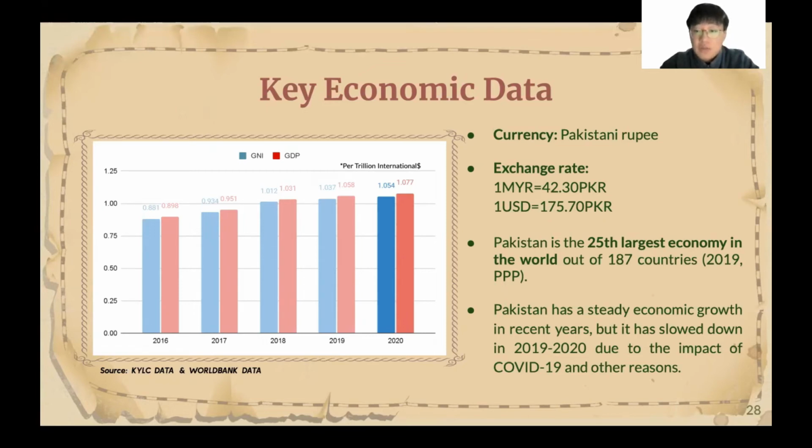Pakistan is the 25th largest economy in the world out of 187 countries based on the 2019 PPP of the World Bank data. Referring to the chart at the left, Pakistan has had steady economic growth in recent years, but it slowed down in 2019 to 2020 due to the impacts of COVID-19 and other reasons.